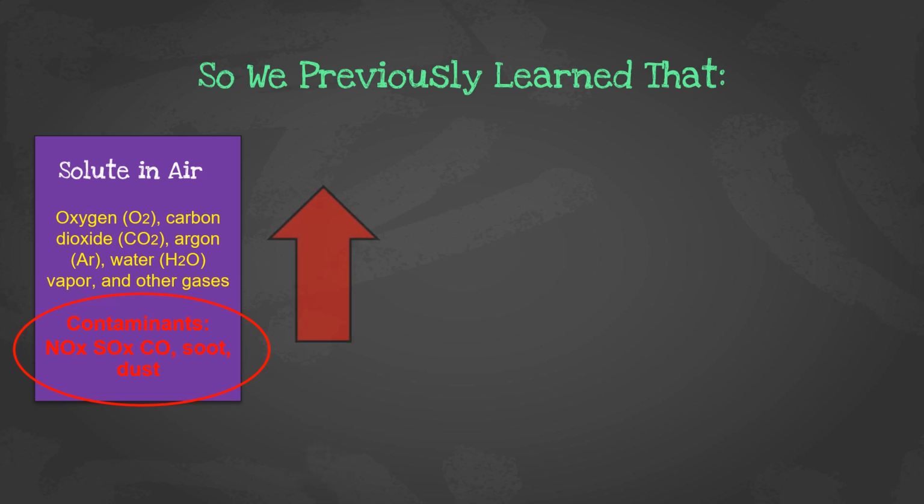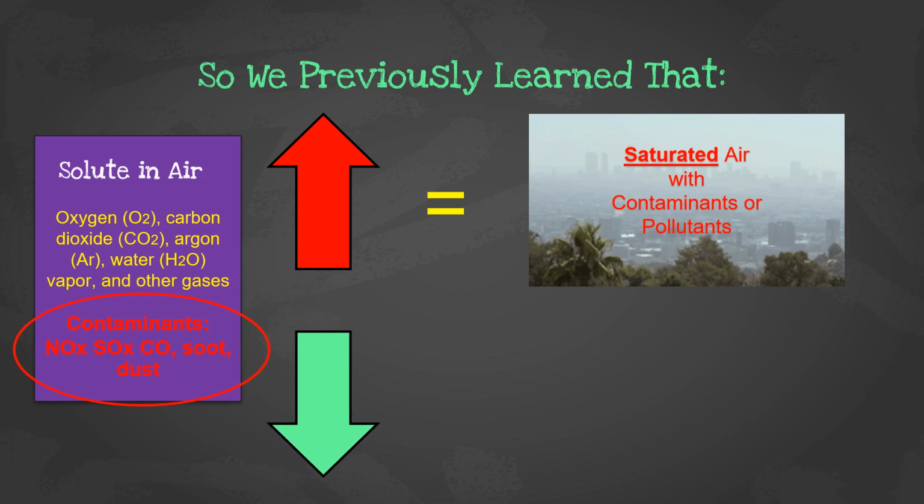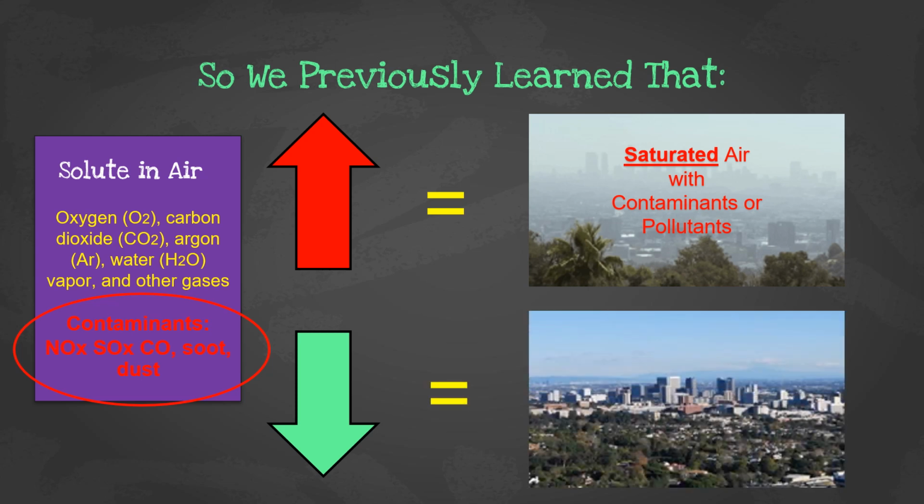For instance, when these contaminants become higher, it will result in a higher content of these contaminants in air as pollutants. Then we can say that the air is saturated with pollutants, hence air pollution. Now in opposite, once the solute as contaminants becomes lower, it will result in unsaturated air or clean air, the air that we want to breathe in.